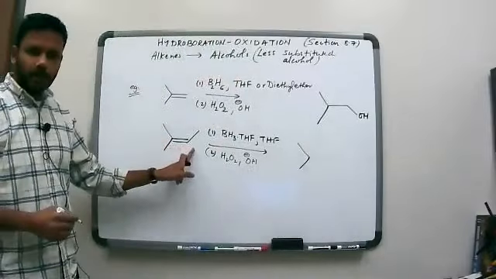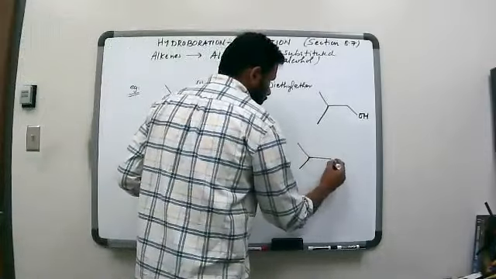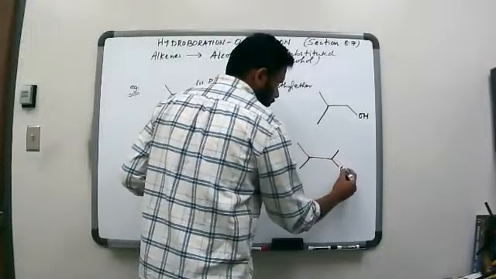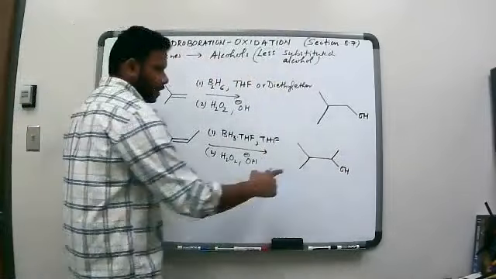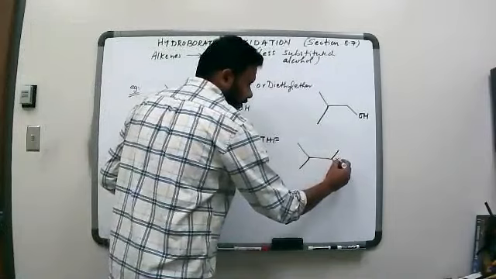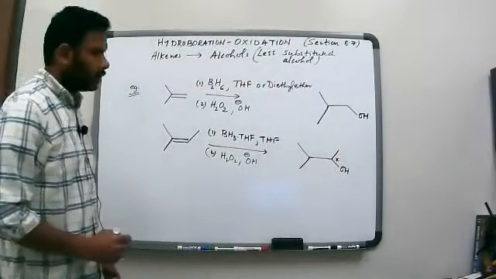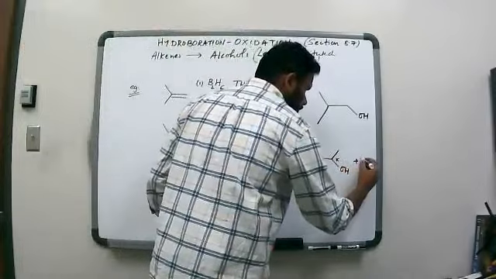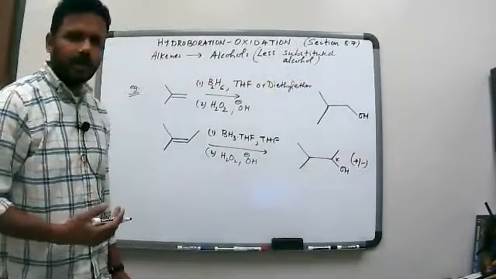More substituted carbon, less substituted carbon. The hydroxyl goes to the less substituted carbon, so the hydroxyl would be here, and the hydrogen is going to be here. And in this particular case, we've created a chiral center now. So that means this product is going to be a racemic mixture, a mixture of enantiomers.